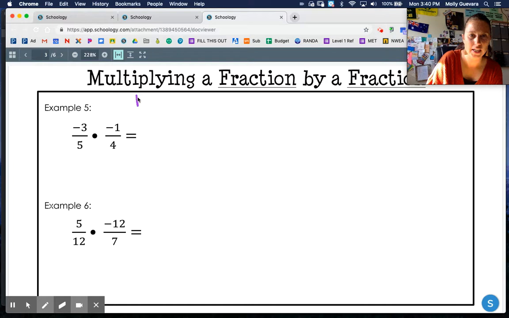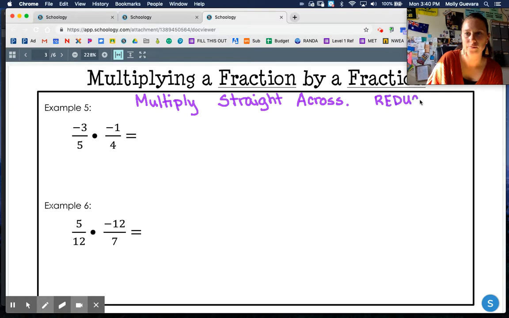So the key here is that we multiply straight across. And then, as always, and even more important, don't forget to reduce. Okay, so multiply straight across and reduce.